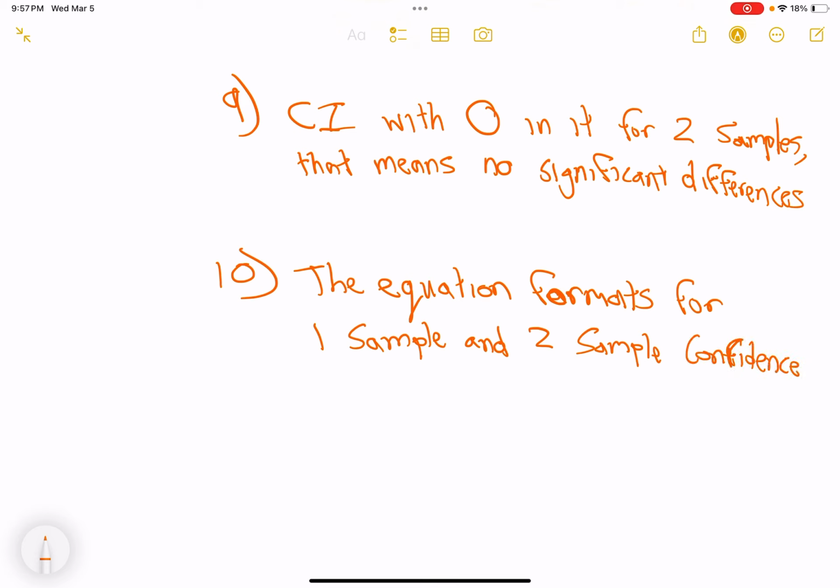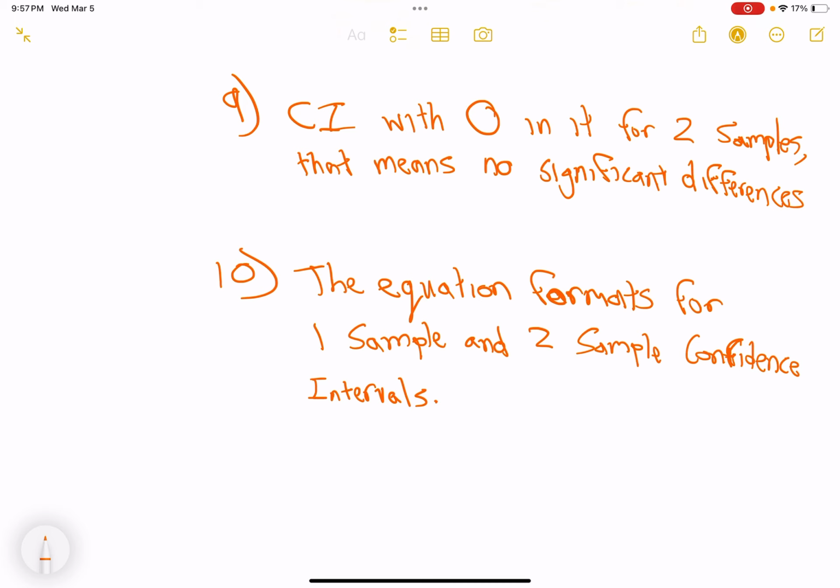Oh goodness, my F's are hideous. Intervals. What am I saying when I say that? What I mean is remember the setup of the equation for how you solve for a one sample and a two sample confidence interval, right? Know that format and know what values go where. Okay, it's super important to know that structure.